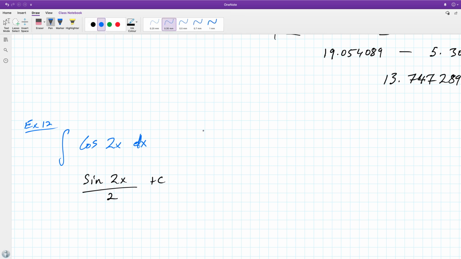Right, have a go at this one. Integrate the sine of 5x dx between 3 and 0.